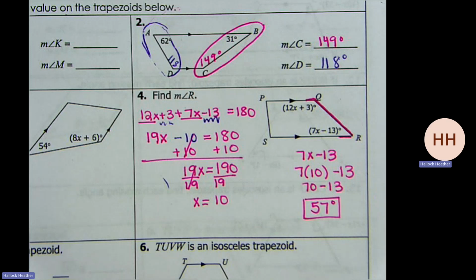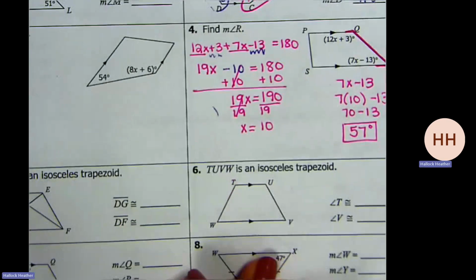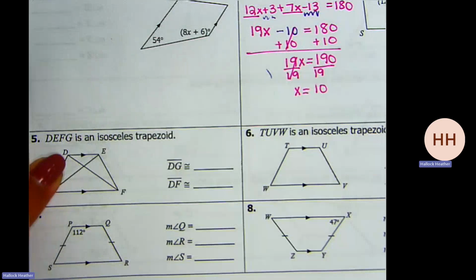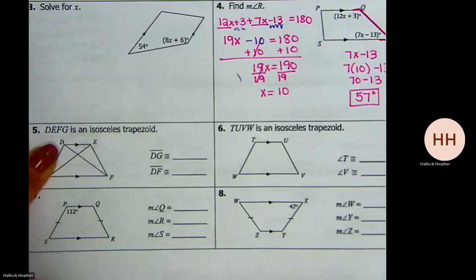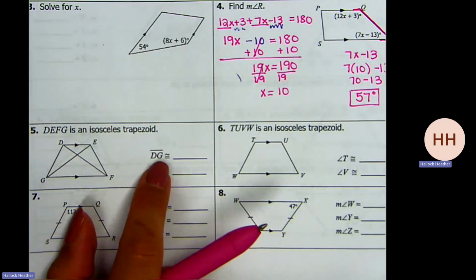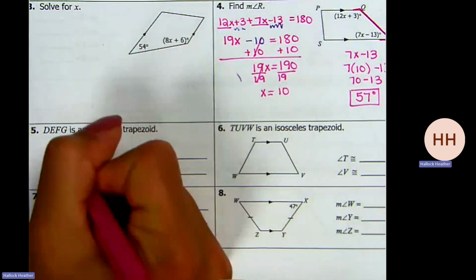So number 5 says that DEFG is an isosceles trapezoid. I need to find what DG is congruent to. So from D to G is here.